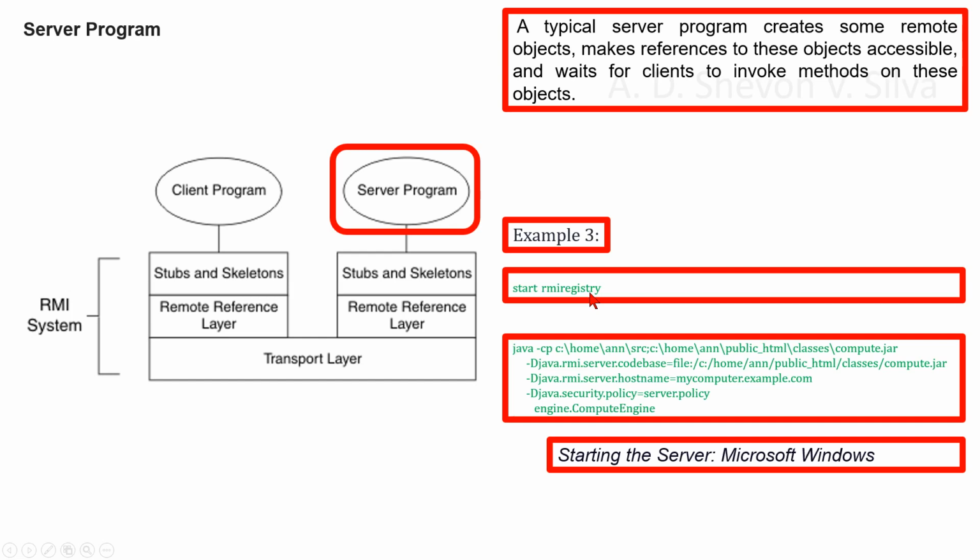For example, this is for Windows. Use javaw if start is not available. Once the registry is started, you can start the server.